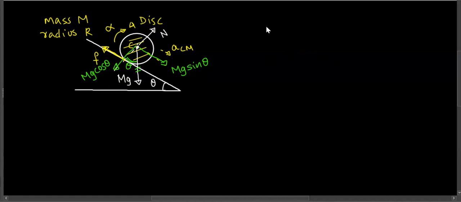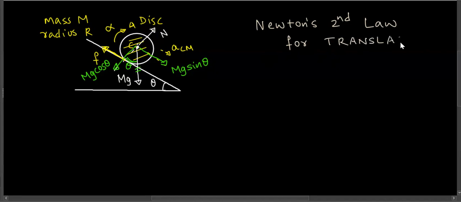One, we are applying Newton's second law for translation. And we are applying Newton's second law for rotation. So these are the only two things that you need to apply.